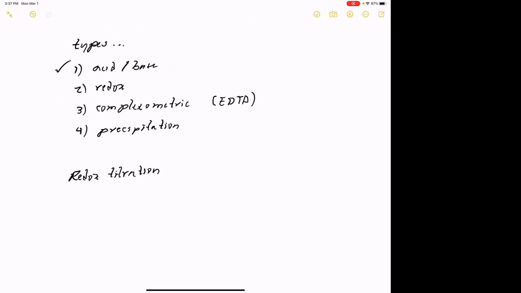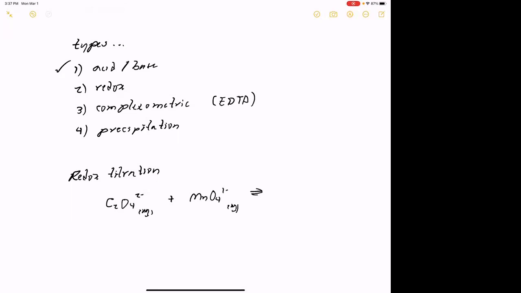So here's a redox reaction. I'm not so sure this is the one the book uses or not. I can have something like oxalate ion, and we can let that react with permanganate ion, MnO4 1 minus. Those are all in aqueous solution. And we end up getting a reaction.